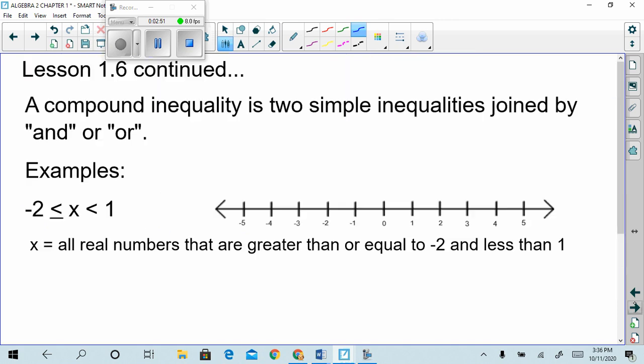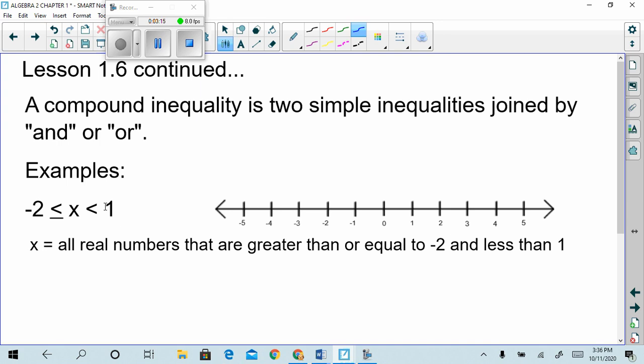Today we're going to take a look at compound inequalities. A compound inequality is nothing more than two simple inequalities joined by the word and or or. Example number 1. This is read, x is greater than or equal to -2 and x is less than 1.